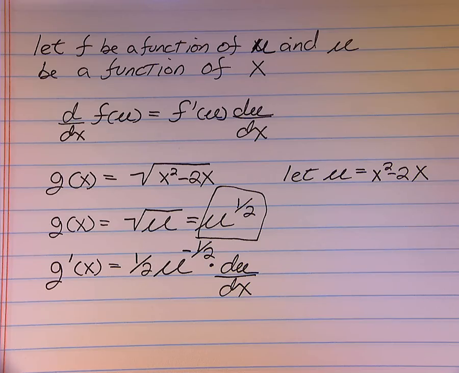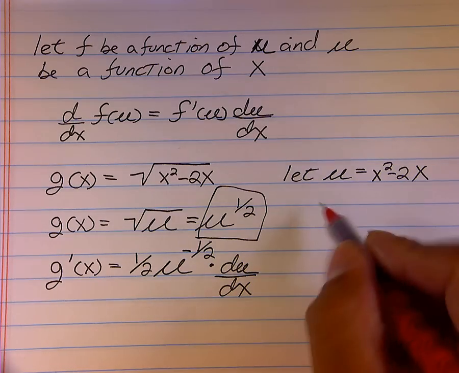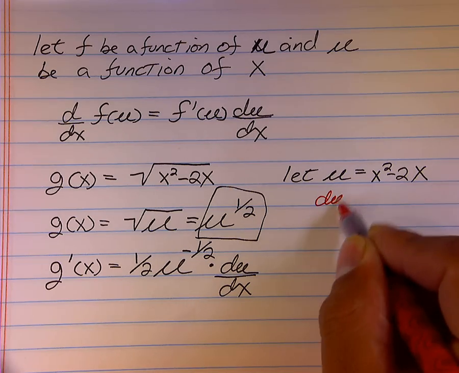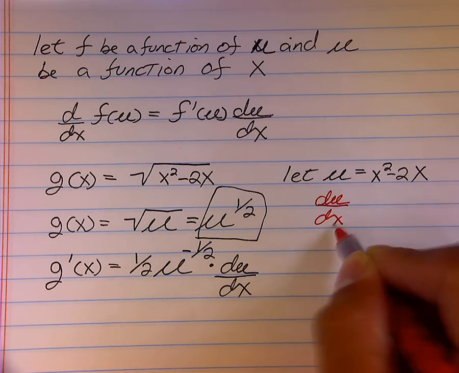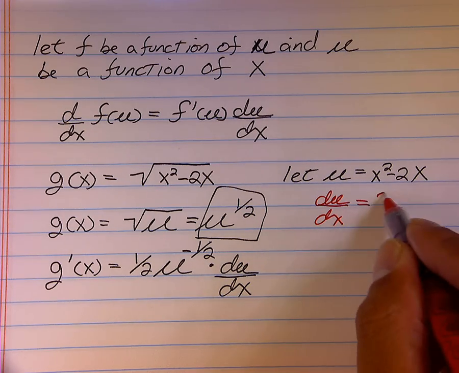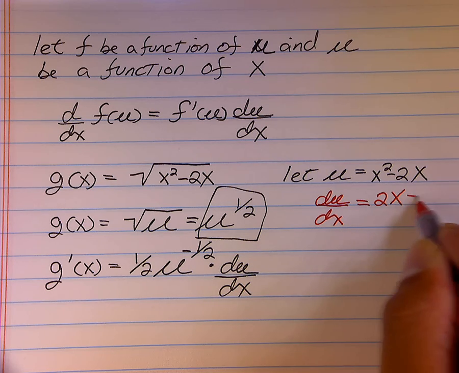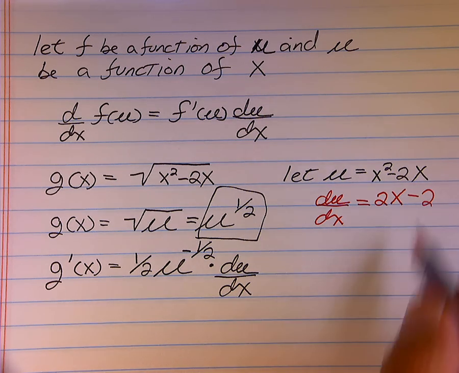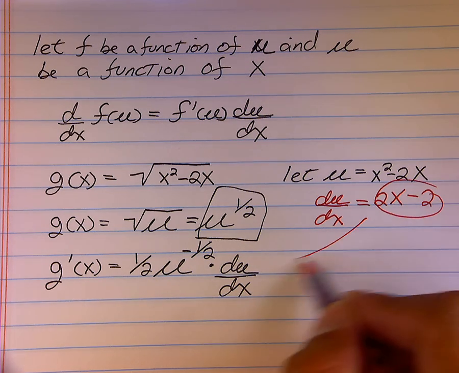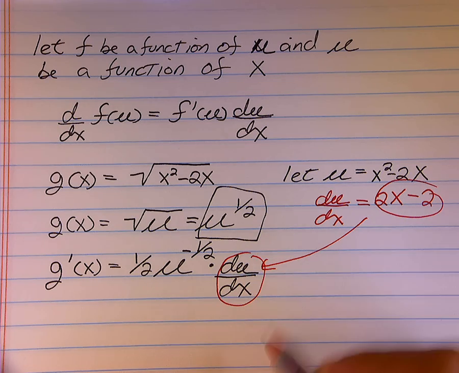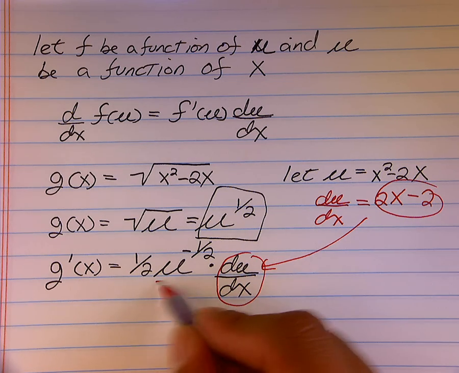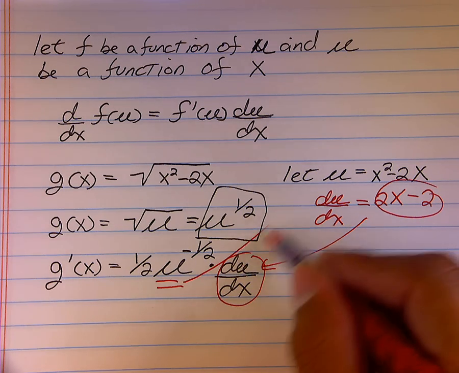Now, I know what u is, so at least for the first part, I can get that back with back substitution. To get the second component, du over dx, I'm going to find that by taking this derivative, which is 2x minus 2. And now I know this component, and I know this component.